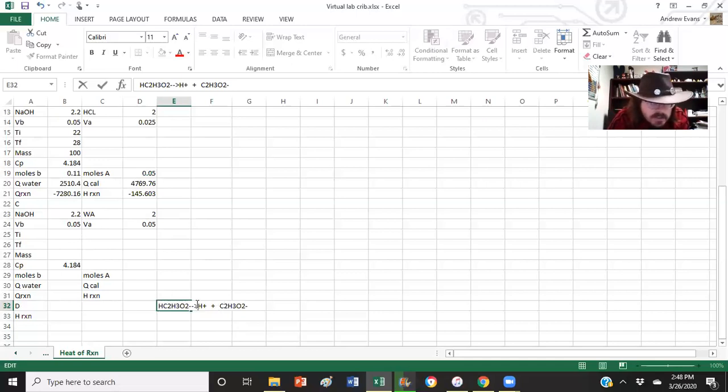That is our Hess's law problem that we're going to be doing. So we're utilizing calorimetry and Hess's law to find out a reaction that we cannot find directly.